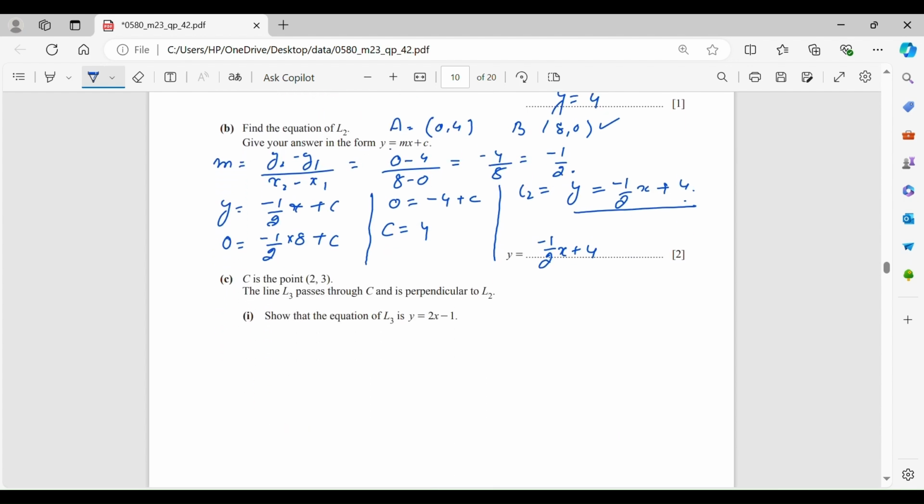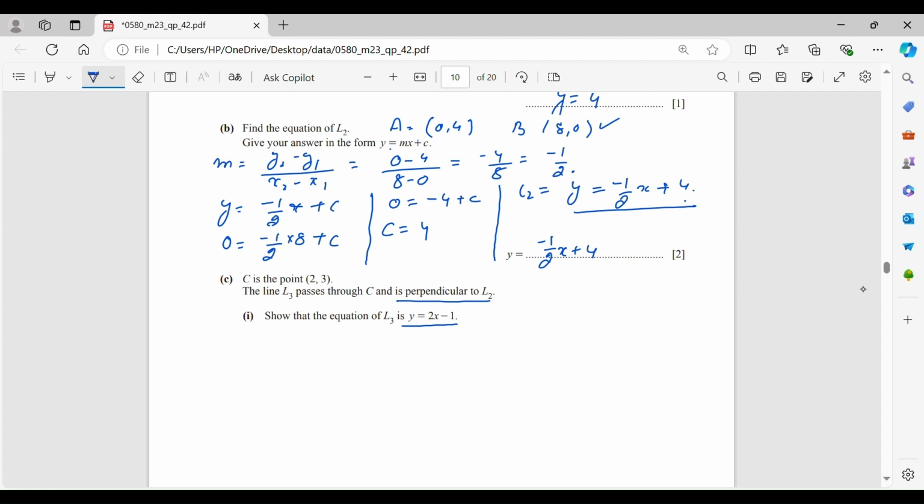C is the point 2 and 3. The line L3 passes through C and is perpendicular to L2, right? Show that L3 is this. We have to show this. We have to find the equation of L3 which is perpendicular to L2, right?